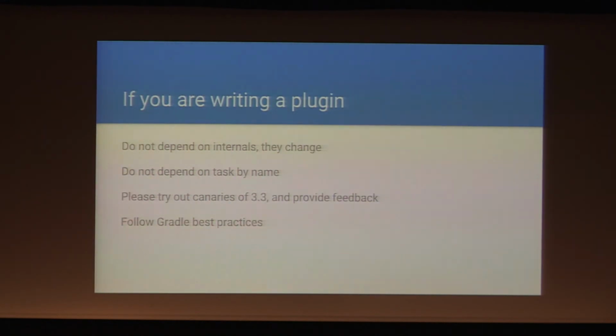They change quite a lot. These internals are completely our own fault for exposing them, but there's so much information there. I know it might be tempting to reach into them, but we do break you, and that's sad, but that's why we're trying to work on these new APIs that should reduce the number of breakages.